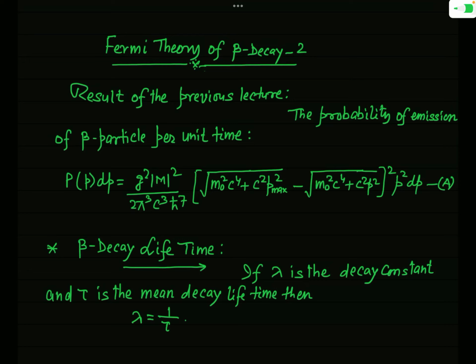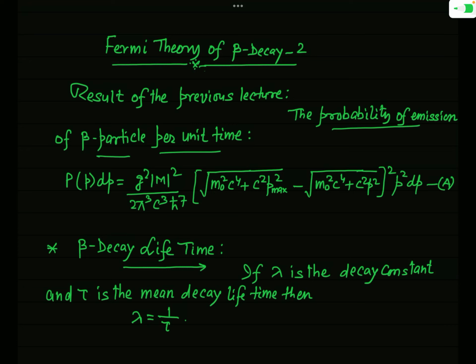Actually that result will also be utilized in this second part of the lecture. You have seen in the first lecture on this Fermi theory of beta decay that the probability of emission of beta particle per unit time, which you may say the rate of probability of emission of beta particle from a nucleus, we found like this.